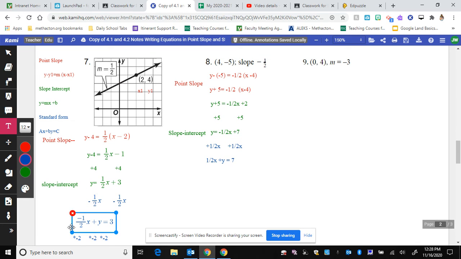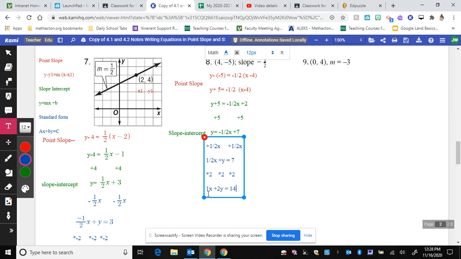So again, just like this problem, we have those rules that we have to follow for standard form, which means we can't have a fraction as x or y. So again, in order to get rid of a fraction, we're going to multiply everything by the denominator, which is 2. So when I multiply everything by 2, my 2's here cancel out. I'm left with 1x plus 2y equals 14.